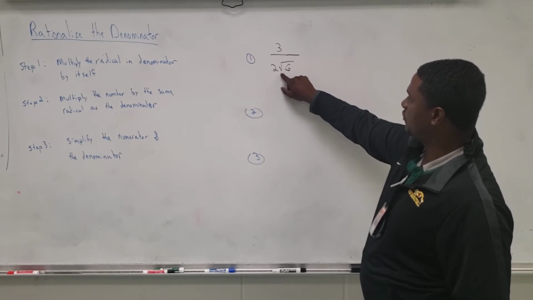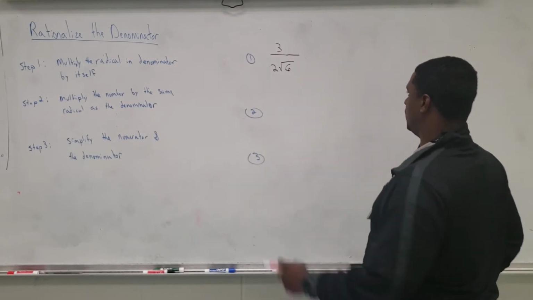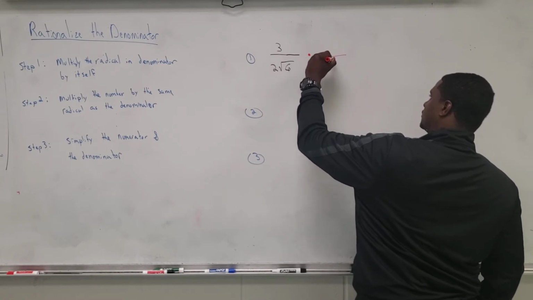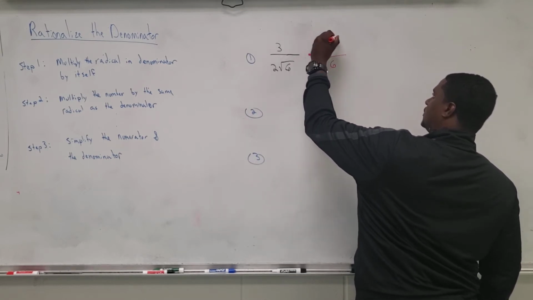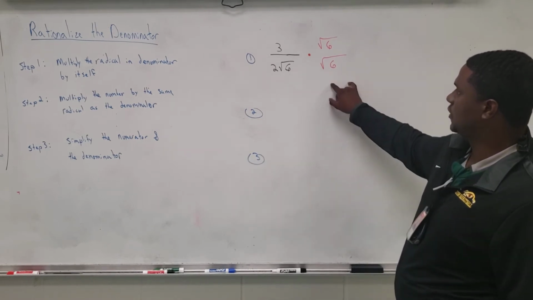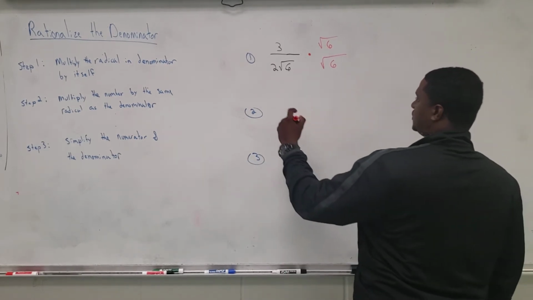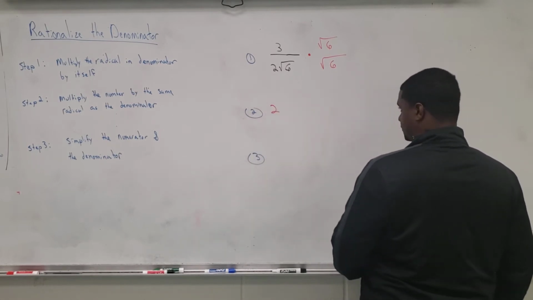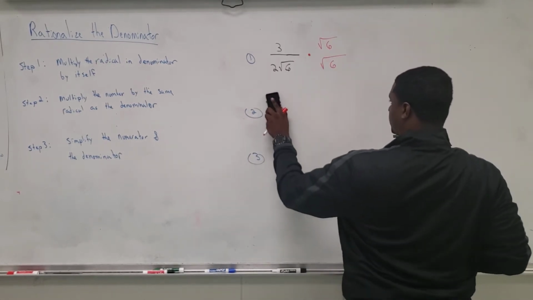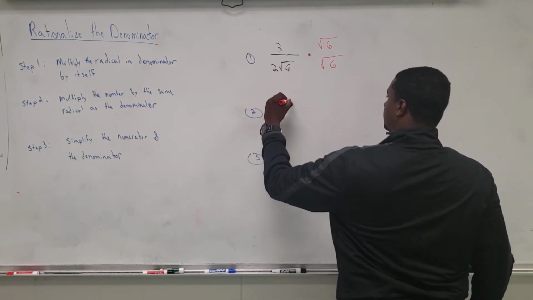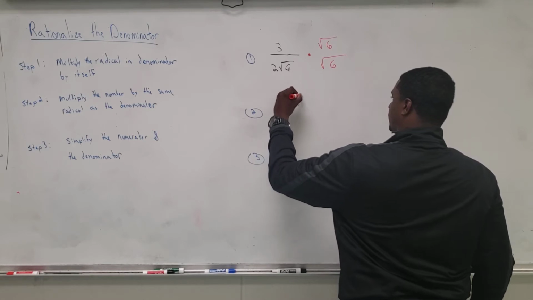All we want to do is get rid of the radical. So I'm going to multiply this by the square root of 6 only. So I'm going to take this square root of 6, this square root of 6, right? So the numerator goes straight across. That's 3 times square root of 6.